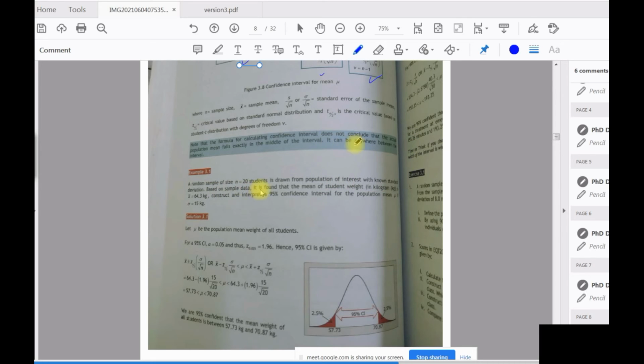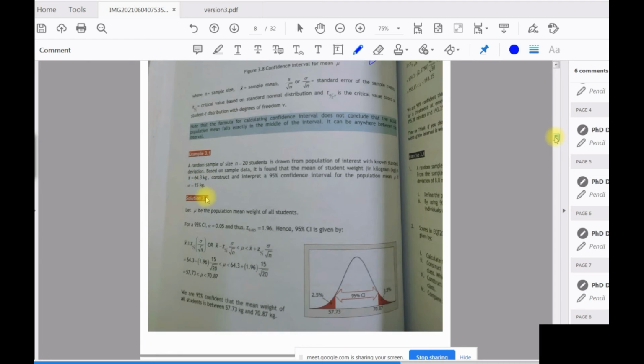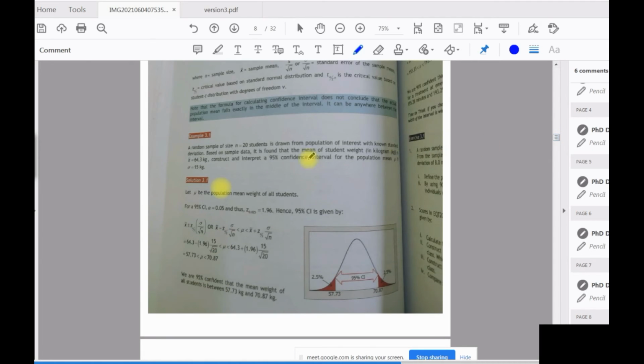Based on the sample data, it is found that the mean student weight is x bar 64.3 kilograms. Construct and interpret a 95% confidence interval for the population mean mu, with sigma 5.5 kilograms.